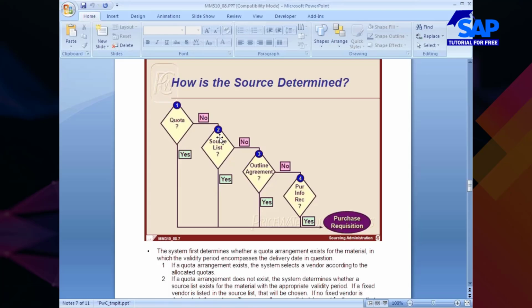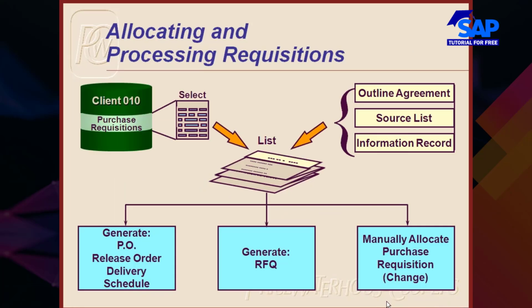If there is no source list, it looks for the outline agreement, that is the contract. Even if there is no contract, only then does it look into the info record. So the info record has the least precedence while determining the source of supply, whereas the quota arrangement has the highest precedence. This is all about sourcing administration.